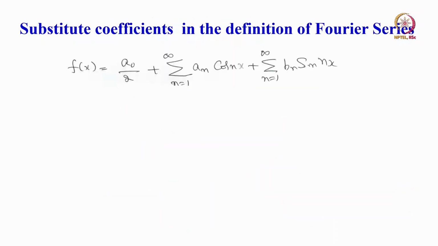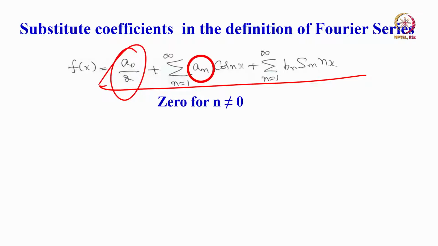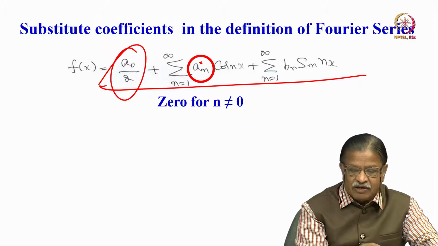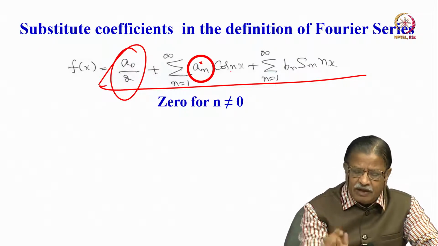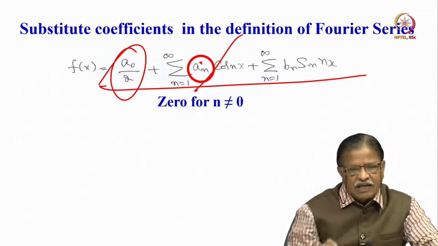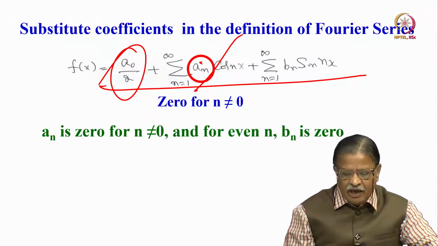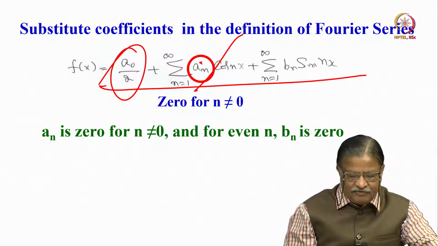Now we substitute these coefficients in the basic expression for the Fourier series. We know a0 is 1, and an is equal to 0 for n not equal to 0. That means for any value other than n equal to 0, a1 and the other values become 0, so that term will not survive, and we have to deal only with bn sin of nx.